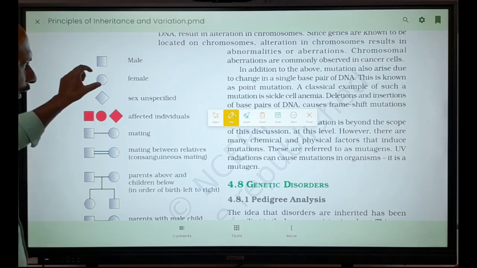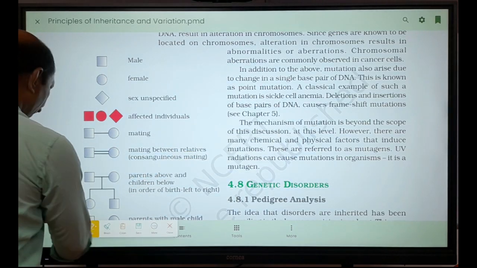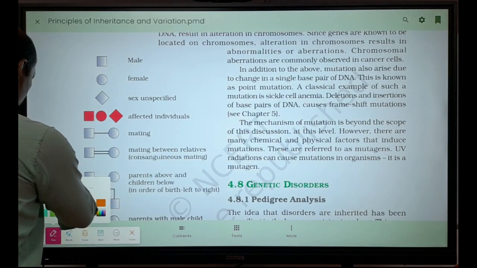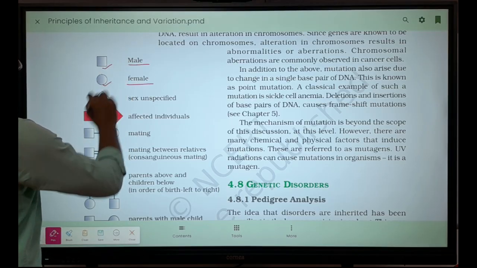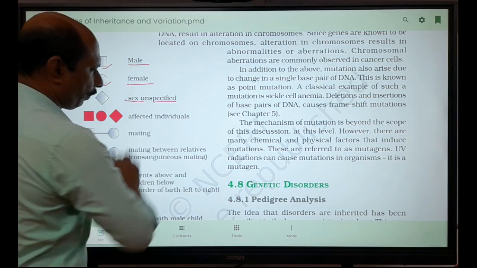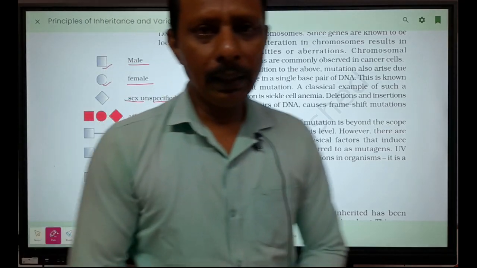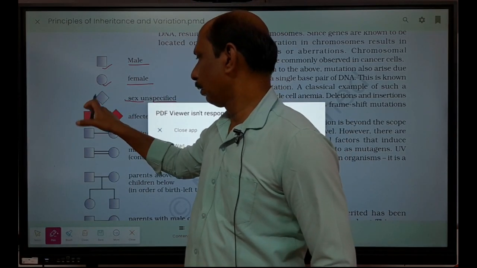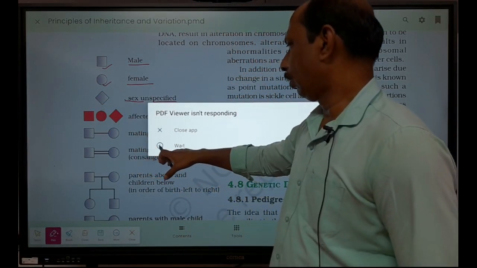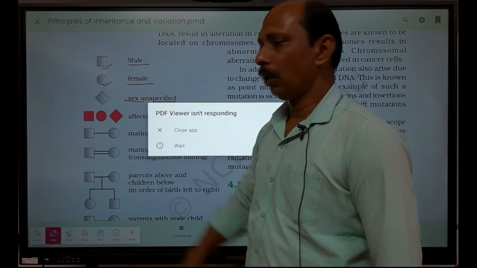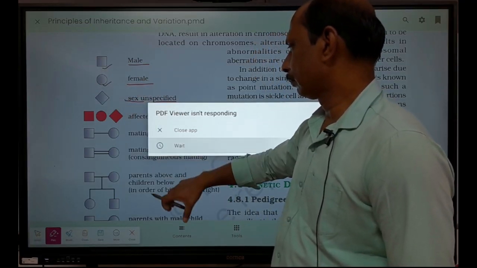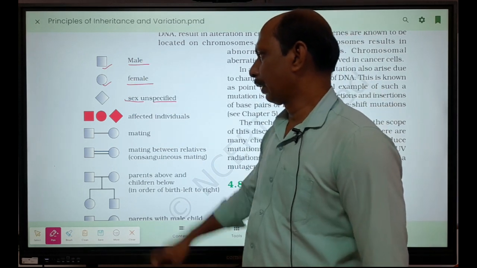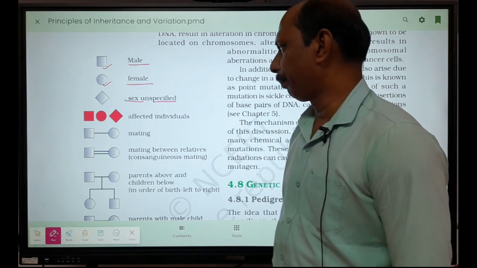A circle represents the female, right? Sex unspecified is a rectangle, right? It is not a circle nor a square. It is called sex unspecified.